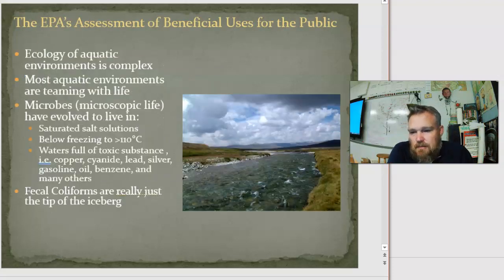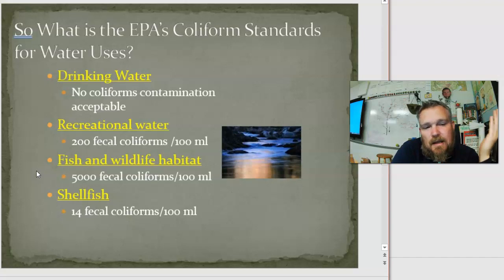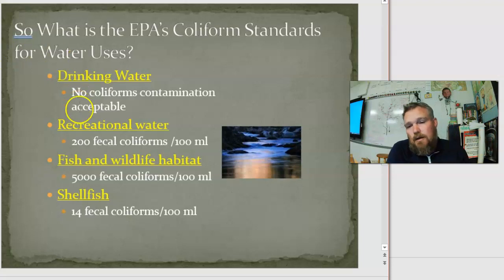So basically, there's some obvious ramifications of this. There's limits, standards for water use in relation to coliforms, and the first is drinking water. So if you're using it for drinking water, how many poop coliforms do you want to drink? Probably 0. So that's what the government says should be in your water.